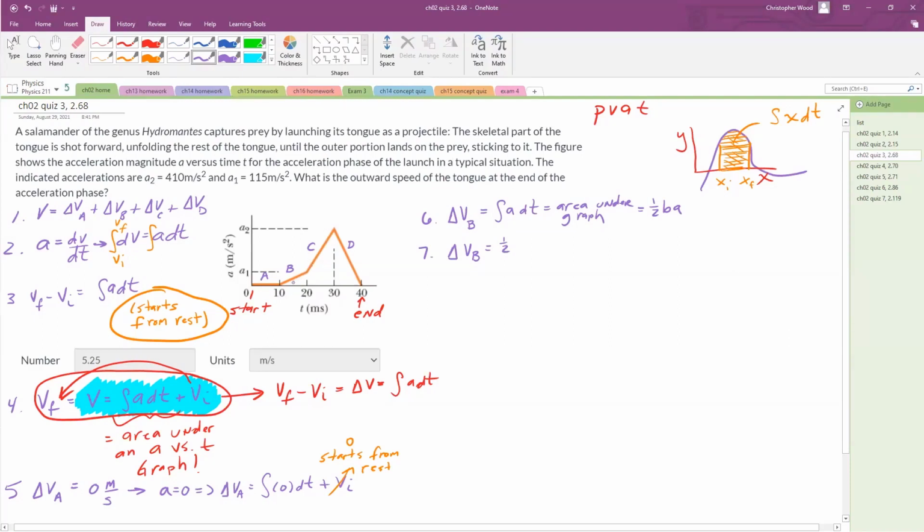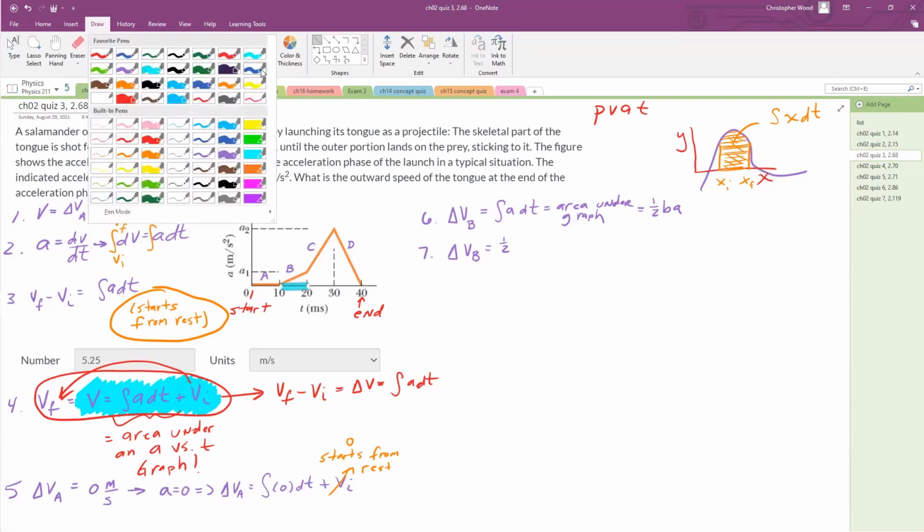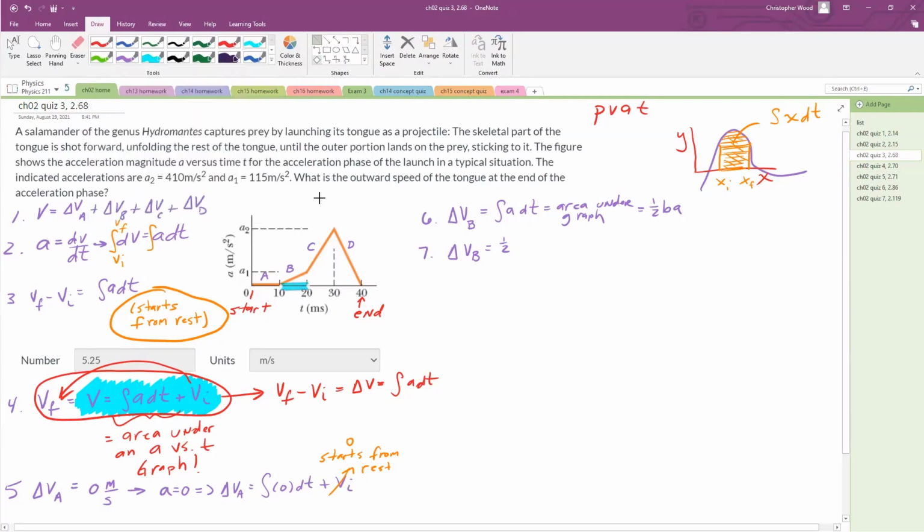Here's the base of my triangle, from 10 milliseconds to 20 milliseconds. Here's the height of my triangle, from 0 all the way up to A1.